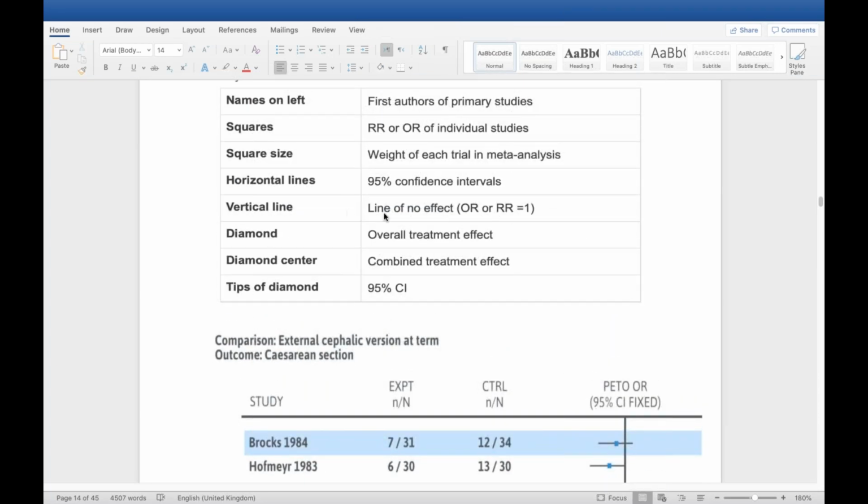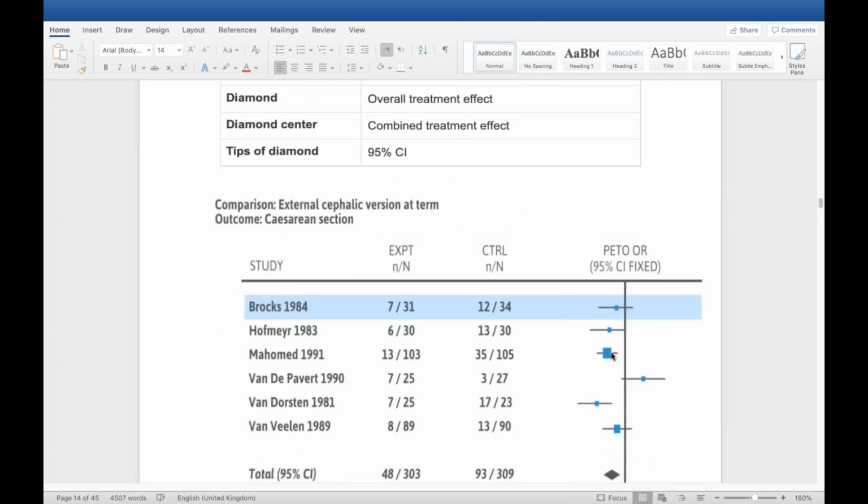So the vertical line of no effect, and which one of these 95% confidence intervals is touching this line, and which one is not touching. If a study is touching this line, there is an overlap, and this study is not that significant, okay?